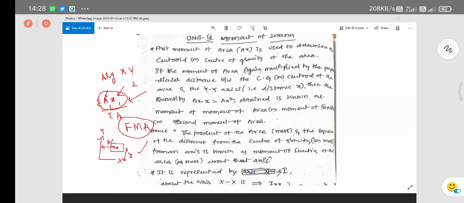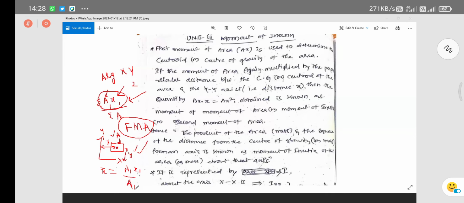So with respect to y I get x, and with respect to x I get the y coordinate. The area of this particular rectangle is capital A. If I want to find the centroidal location, x bar is equal to the sum of A1 x1 divided by A1. Only one element is there, so I will get only one.